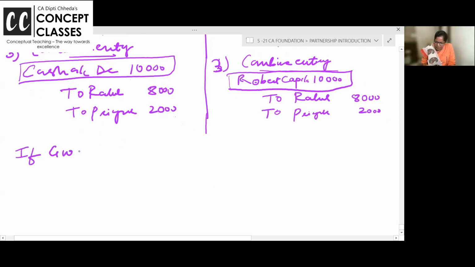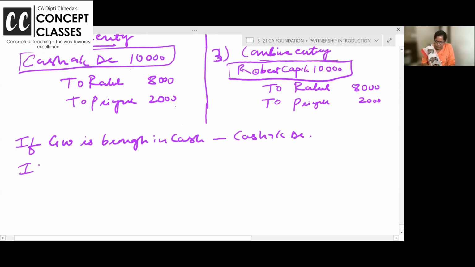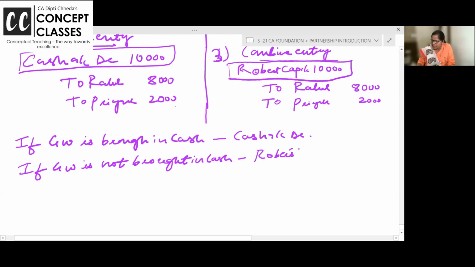If goodwill is brought in cash, cash account debit. If goodwill is not brought in cash, robot's capital account debit.